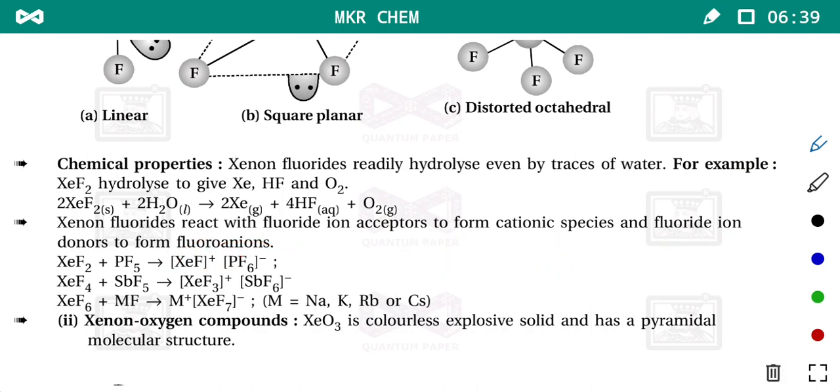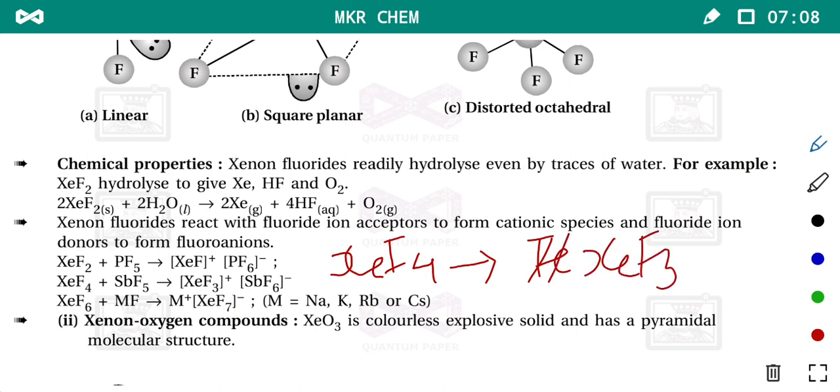Another thing written here: when fluoride is accepted by fluoride ion acceptors, xenon forms a cation species, this positive ion. Similarly, another reaction is given: XeF4 donates 1 fluoride ion and is converted into XeF3 plus and fluoride minus.